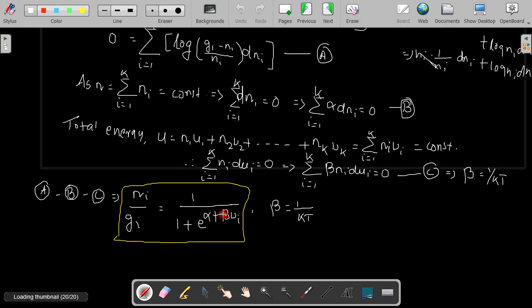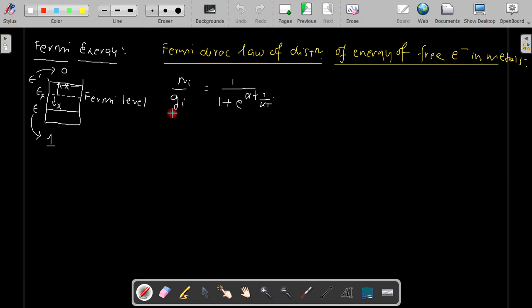So energy we have denoted it by U, so let me keep it as U, or you can write it down as E also, okay. Let me write it down as U only. Let me just keep it consistent, Ui, okay. So that means Ni is equal to Gi, where G is the subcells or the cells which we have, e to the power alpha plus 1 divided by kT into Ui.